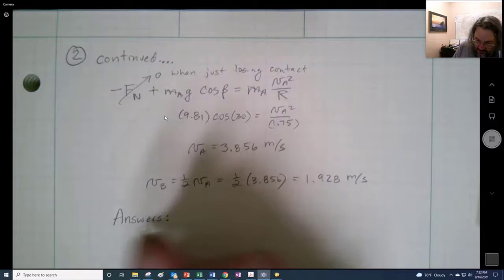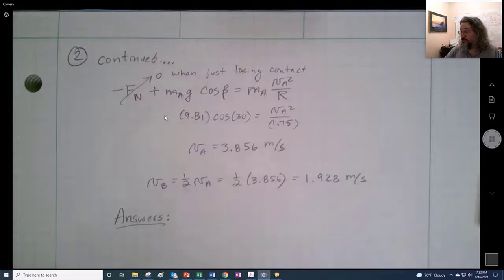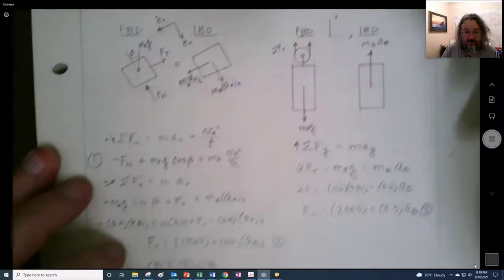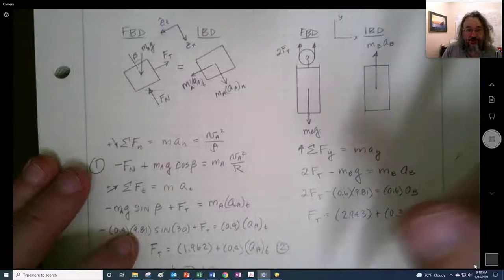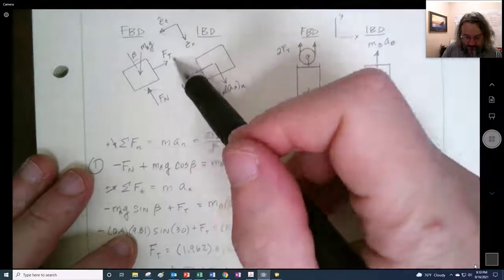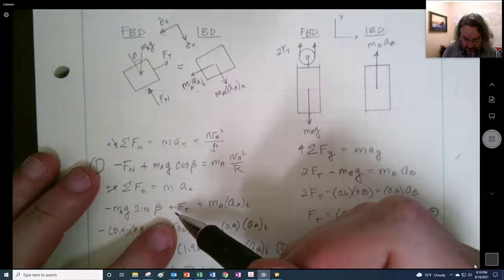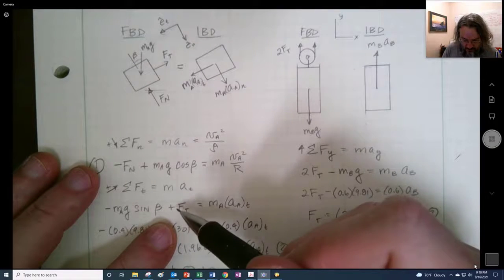All right, so let's write down the answers. Actually, first, maybe I should check and see if this agrees with the source material. I don't have the right answer. What do you mean I don't have the right answer? How dare you? From here, I think I made the tension the wrong direction. This is the positive direction right here, so I needed to make this negative.